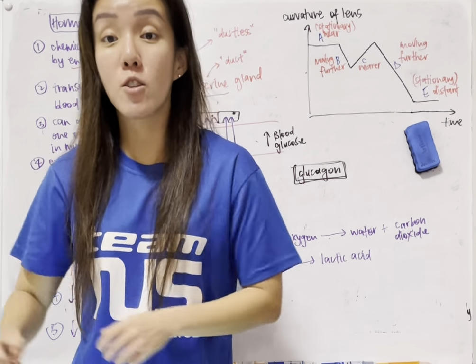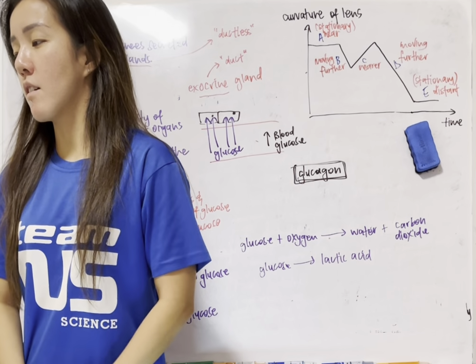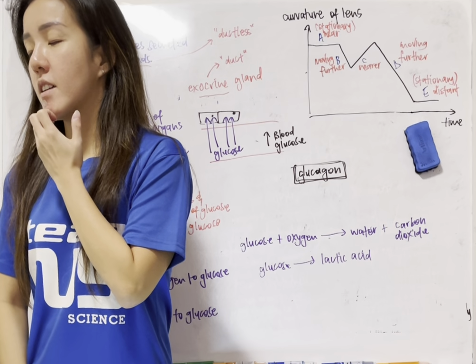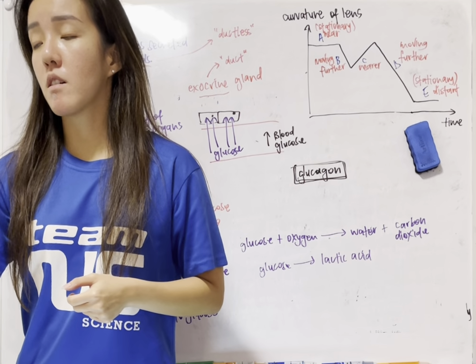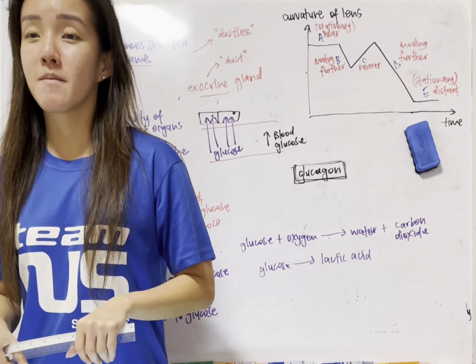It increases oxidation of glucose during tissue respiration. Last one. Decrease. It decreases the breakdown of glycogen into glucose. Last decrease is what? Decrease oxidation of fats into glucose.